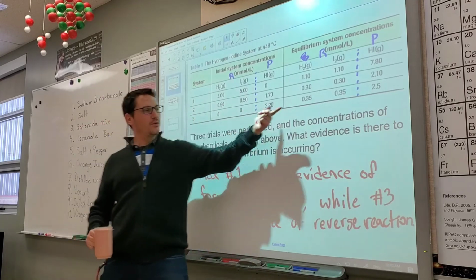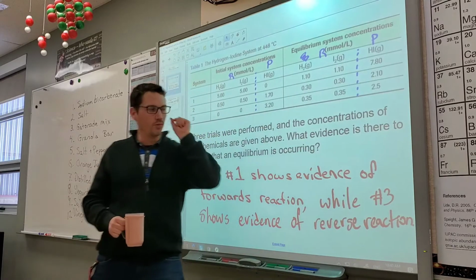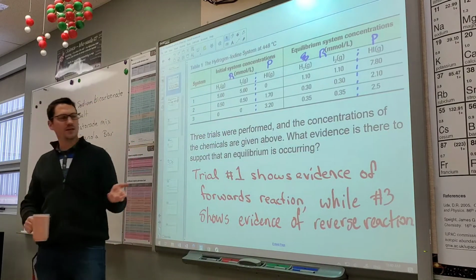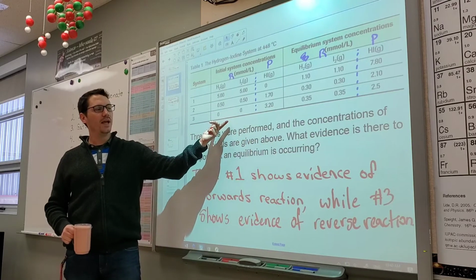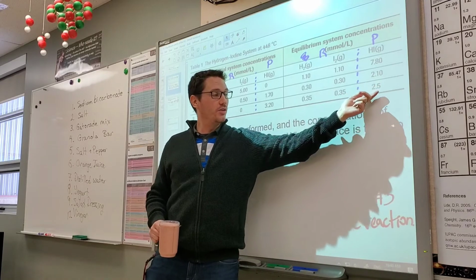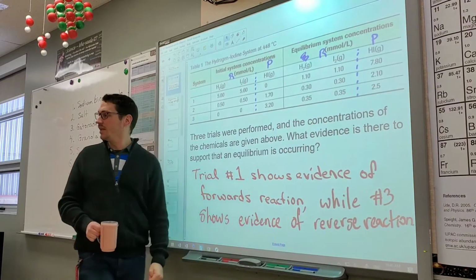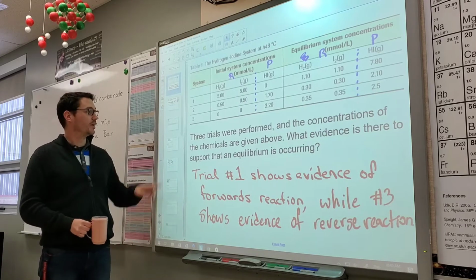It still goes forward a little bit, but it doesn't completely go forward. Let's start out with just products, with no reactants at all. And here's when we see evidence of a reverse reaction. That is very typical. That's exactly what you need from an equilibrium system.